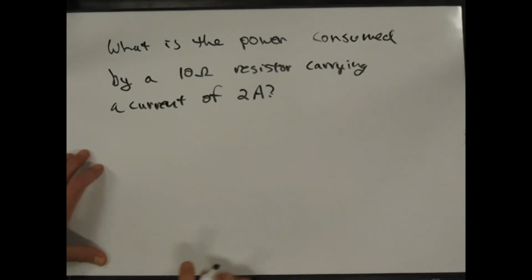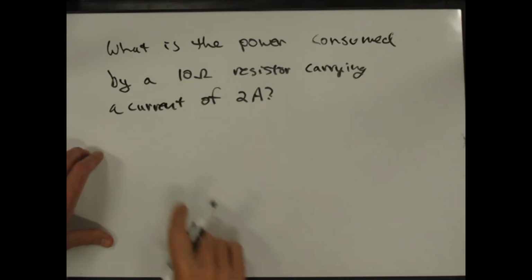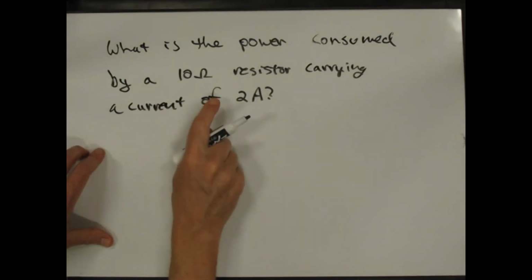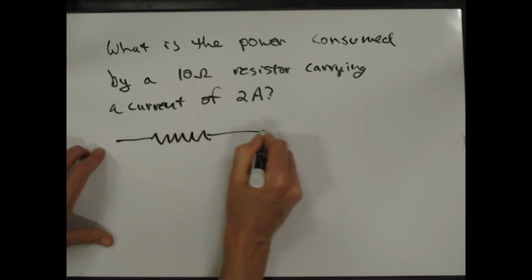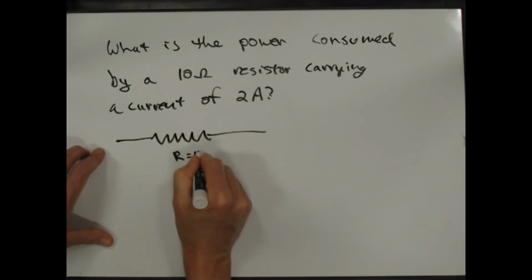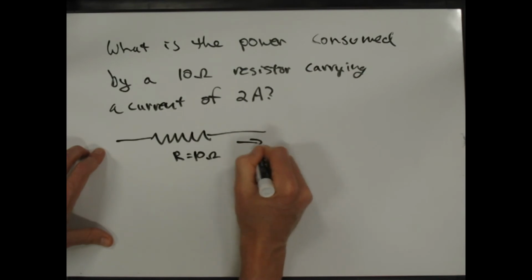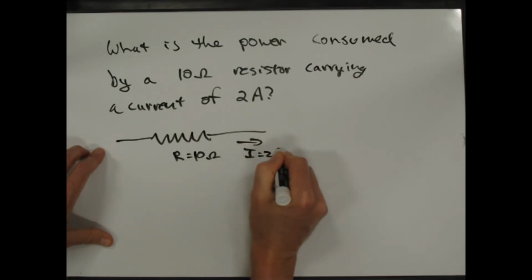So I can say, what is the power consumed by a 10 ohm resistor carrying a current of 2 amps, right? So here's my resistor, and coming through that resistor is I equals 2 amps, right?